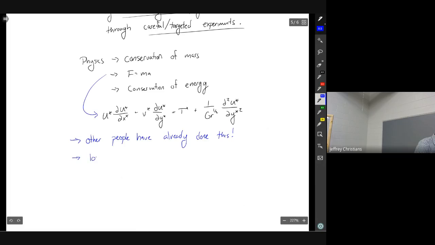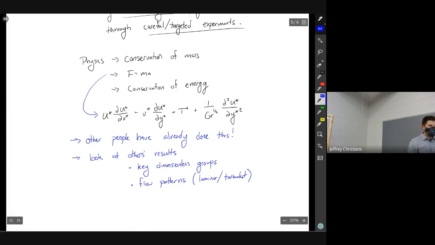So you're looking at others' results, key dimensionless groups, flow patterns, laminar versus turbulent flow.